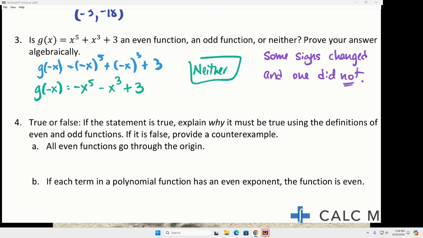So it either has to be exactly the same or exactly opposite to be even or odd. All the other times is neither, which is a lot.